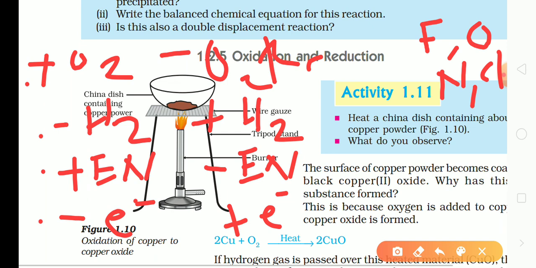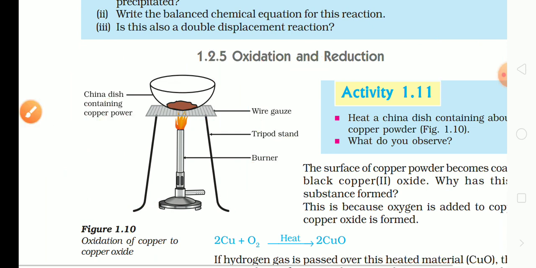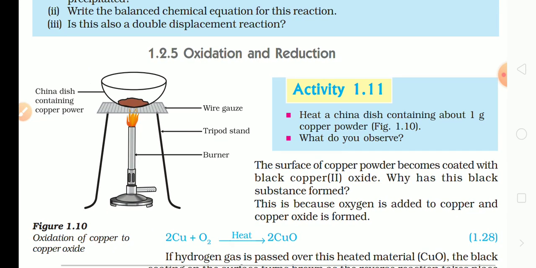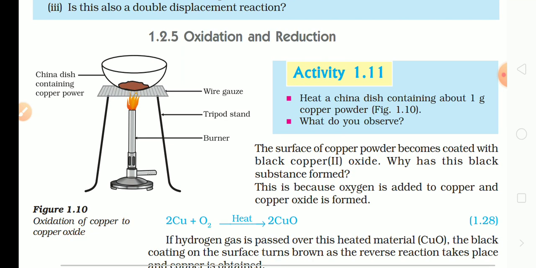That's all. Now, you can see an activity there. Heat a china dish containing about 1 gram copper powder. We know copper powder is shiny brownish in color, and we are heating that copper powder in a china dish. What do you observe? We can see a brown colored coating appearing on the surface of the copper powder. After heating, the golden brownish copper color will become very dark brown.